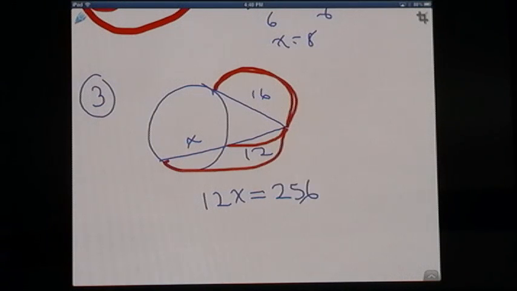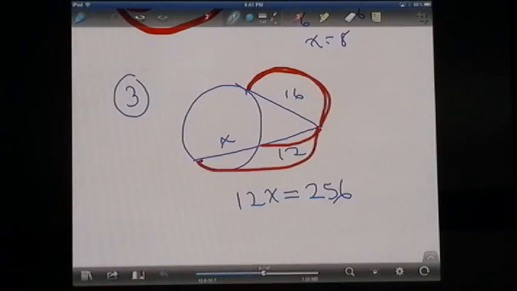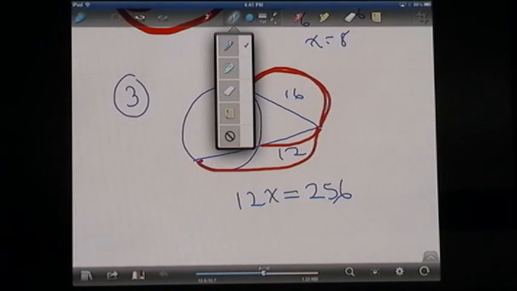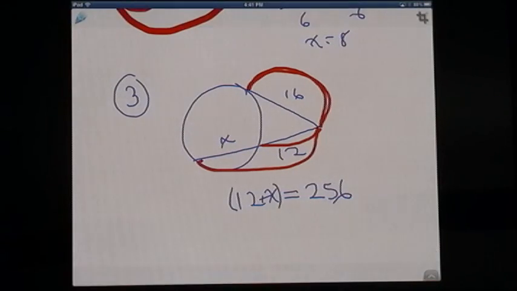Okay, so 12 times x is 12x equals 16 squared, which is 256. And then you divide both sides by 12. I'm sorry, that's not 12 times x. It's 12 plus 12 times 12 plus x. I apologize. Hmm, 12 times 12 plus x, because it's got to be the part times the whole.